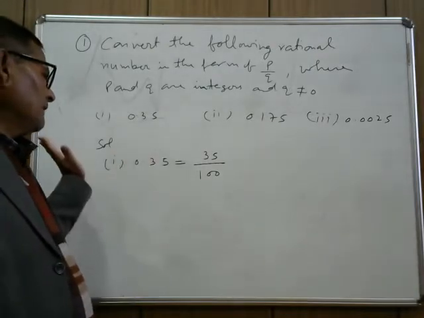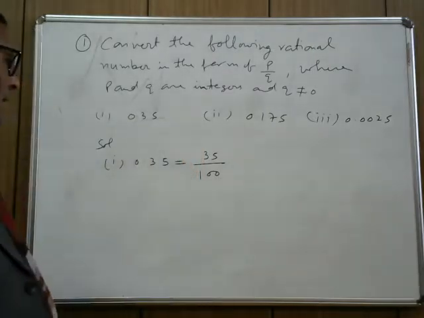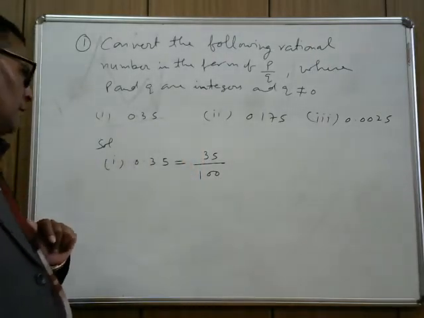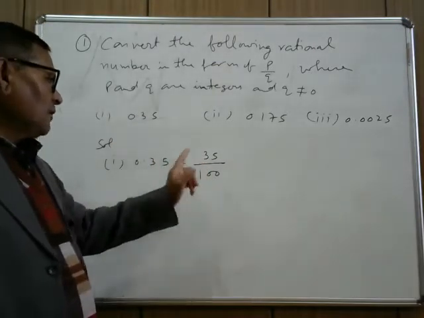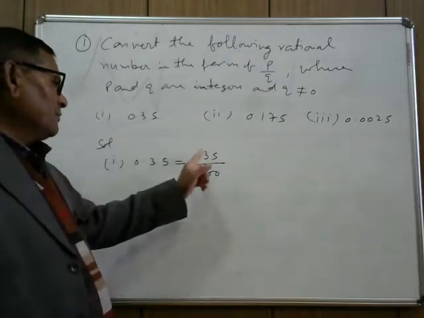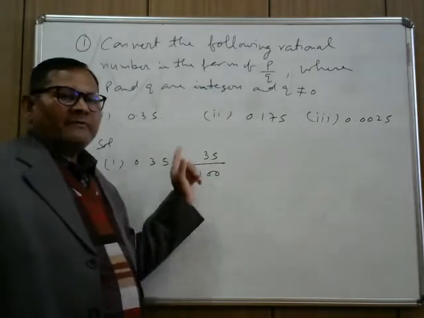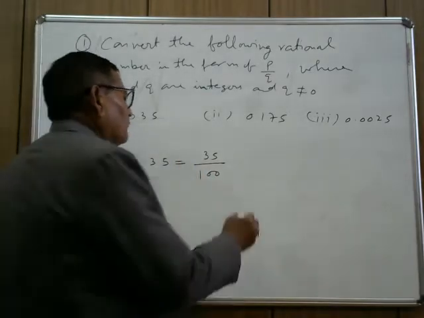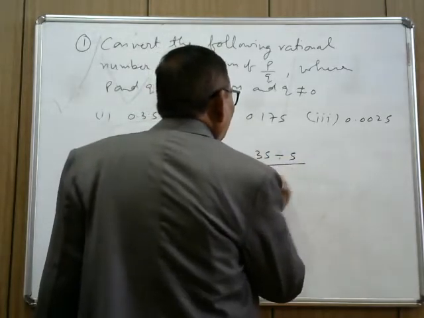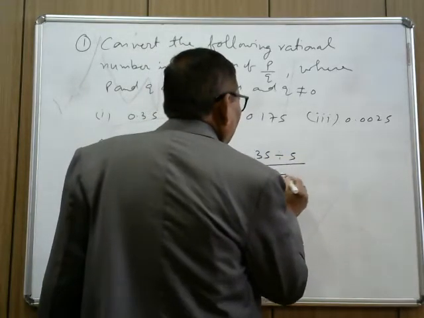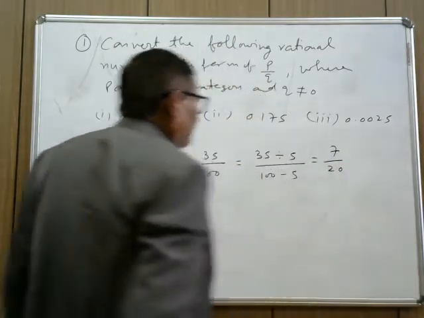After removing the decimal sign, you can write this as 35 upon 100. And I have told you again, you divide the numerator and denominator of this in order to express it in the lowest term. You divide the numerator and denominator by their common factor. Common factor of 35 and 100 is 5. So you divide your numerator by 5 and denominator by 5. That is equal to 7 upon 20.